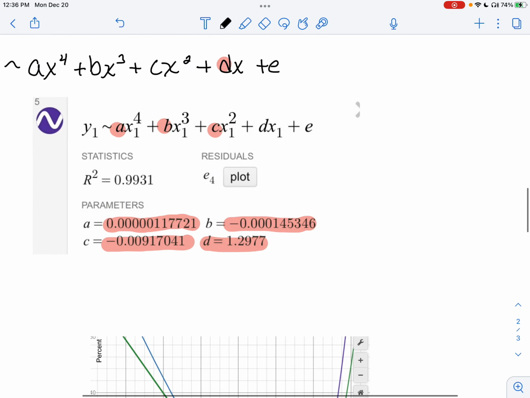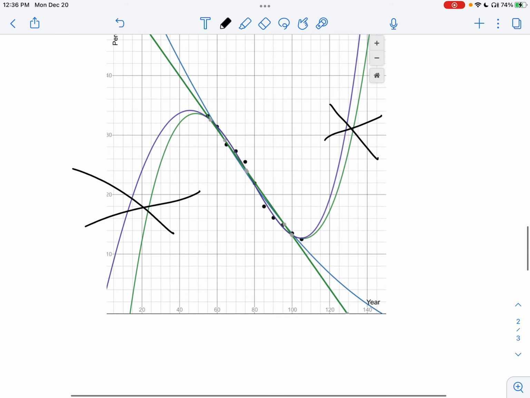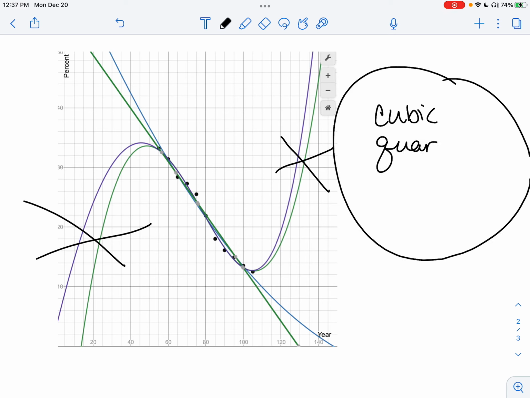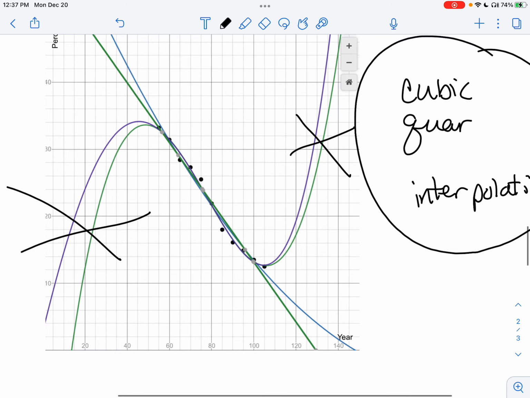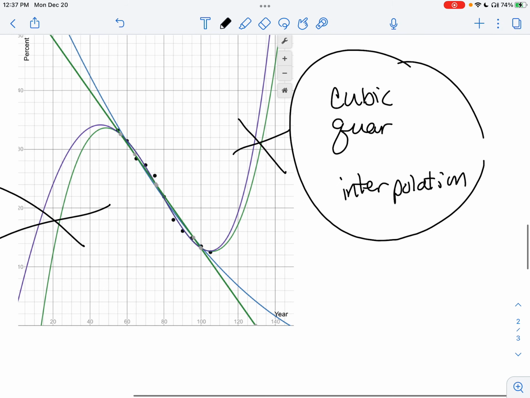However, because the R squareds are so good for these two, I would say they are the best for interpolation, because look how close knit they are to all those points inside of there. But those are really not good for extrapolation.